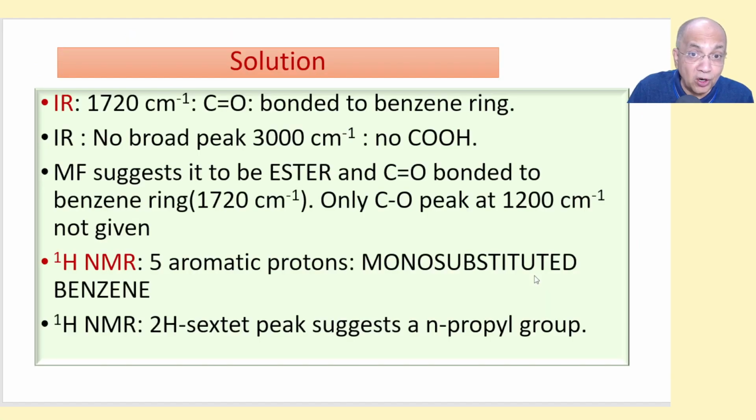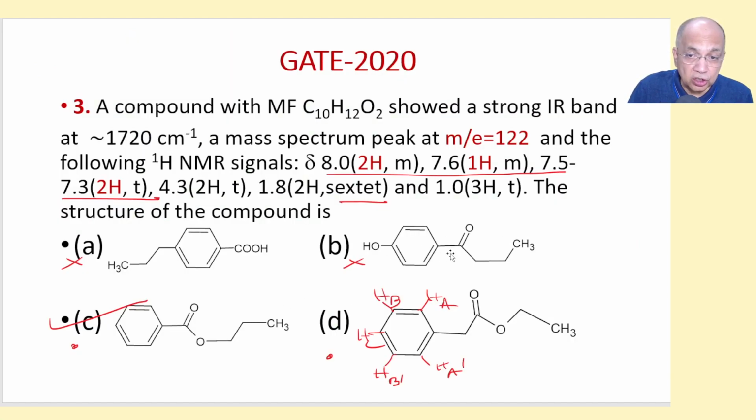To confirm that this is not this one, there is a competition between C and D, this is not this one. We have already done that. We have moved ahead because there is no sextet peak here, but still this won't give you a McLafferty rearrangement, alpha, beta, gamma. Even if there is a loss of ethylene, it will not give you the 122 peak. So in all ways we proved that C is the correct answer.